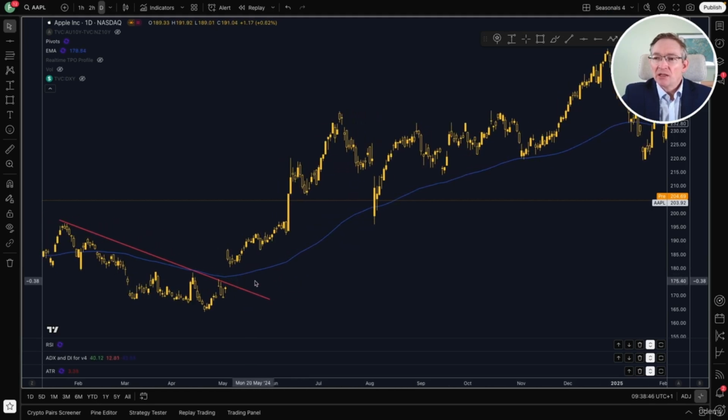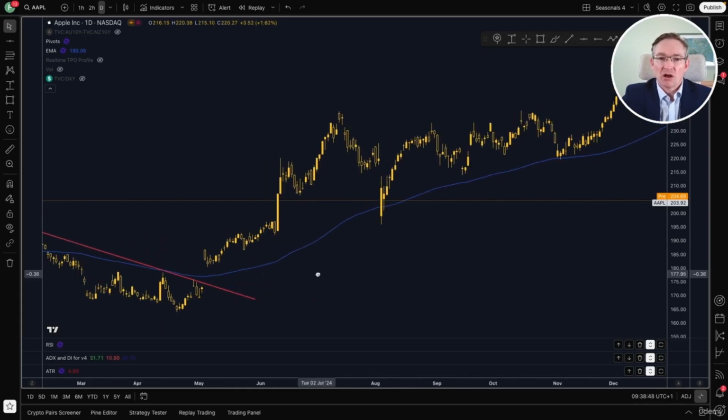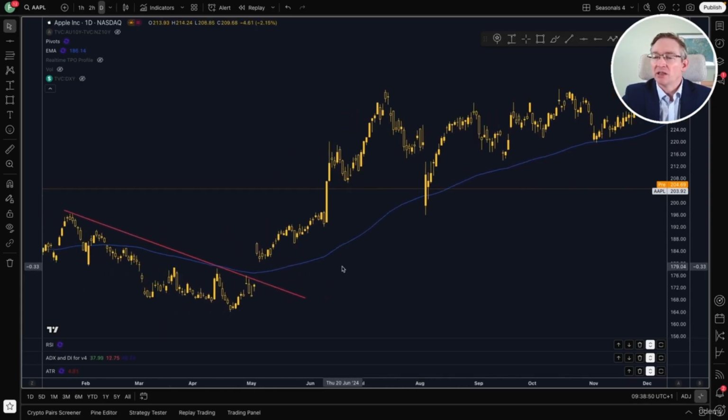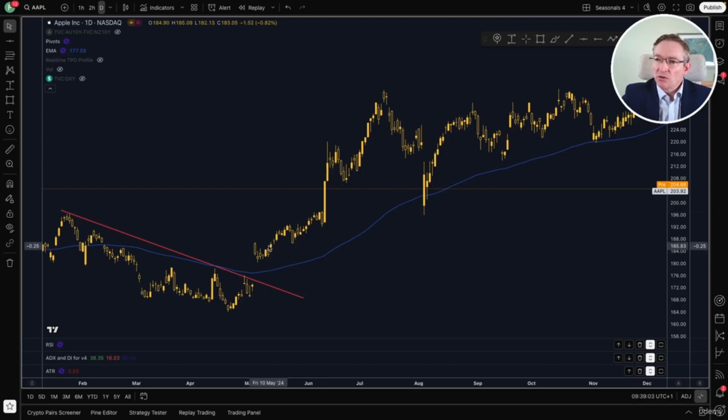Now, the way to set yourself a target for a breakaway gap is like this. You'd look at the move and say, okay, I think this is a breakaway gap. That's the breakout of this trend line. You think, well, how far has price moved? So what you'd do is measure the halfway point of that gap. Here we can see the gap. The gap is approximately 5.18%.